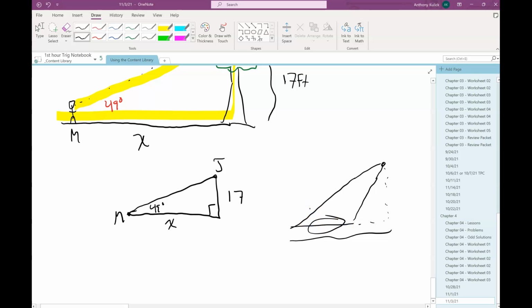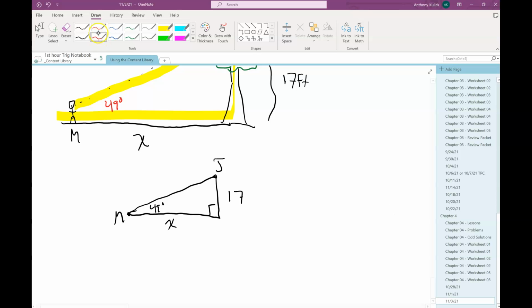So that's where it would matter. But anyways, we're just assuming that it's straight up and down, which I think is fair, because that's how most trees look.